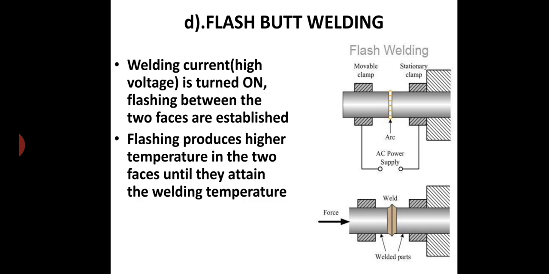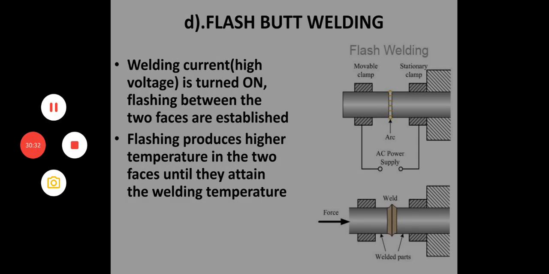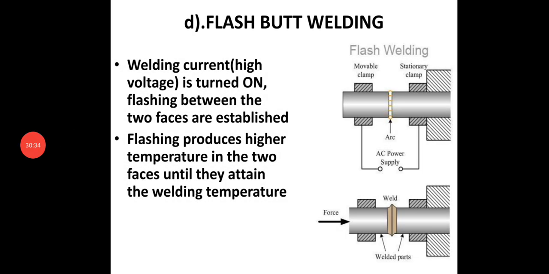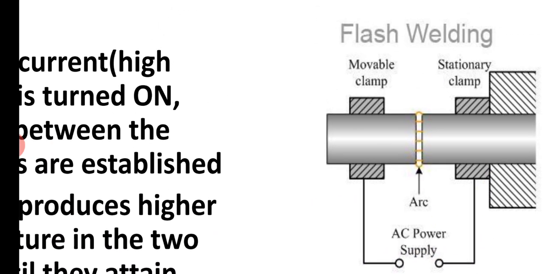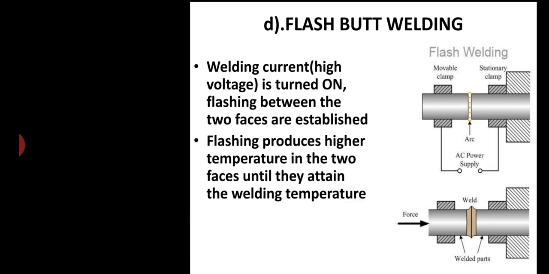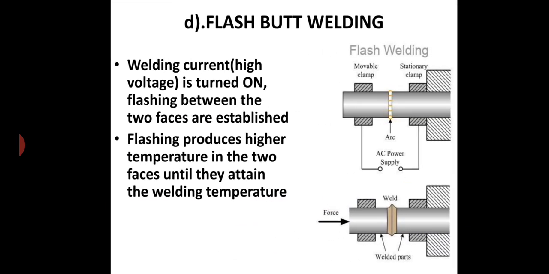Next one is flash butt welding. Here you are doing a flashing process. Flashing means you are generating a small arc between the two metal parts to be joined. You keep a bit more distance between the two metal parts, and as the welding current is turned on, you can see the flashing between the two surfaces.